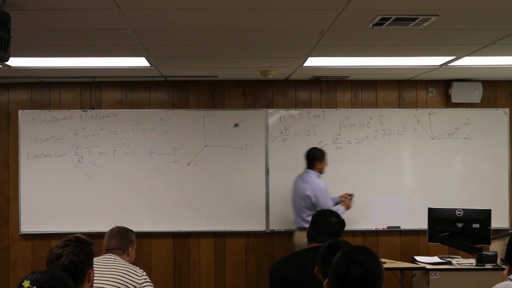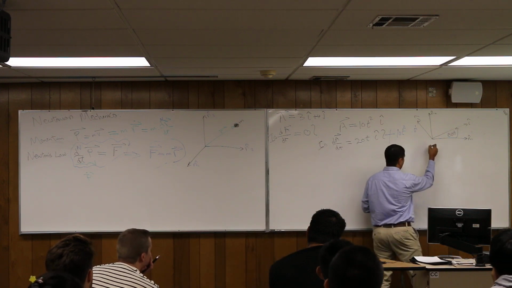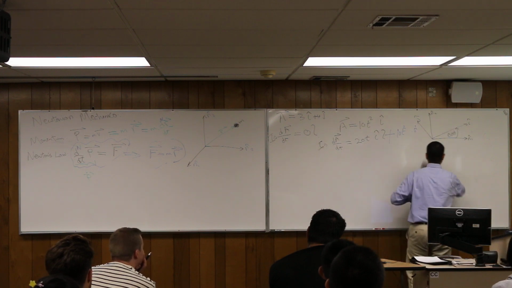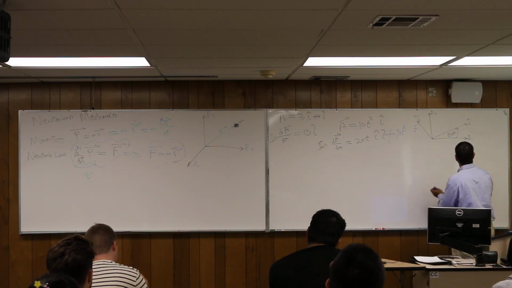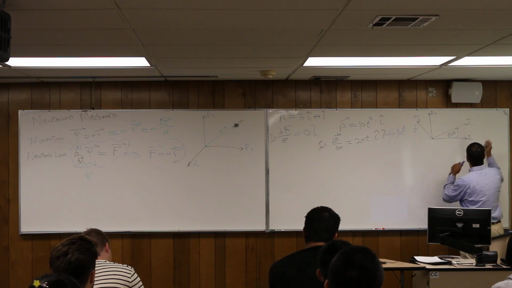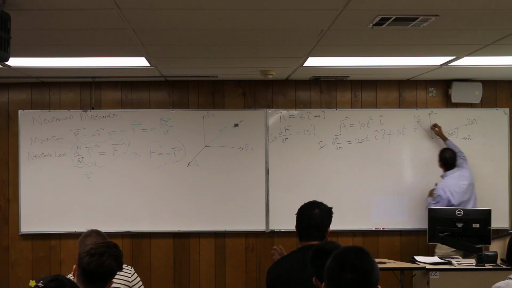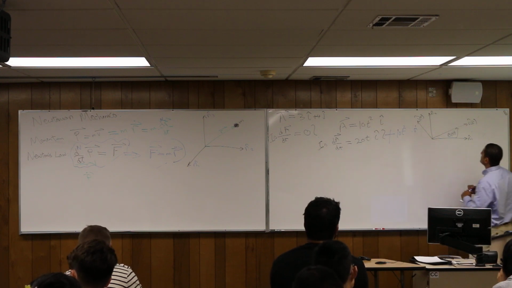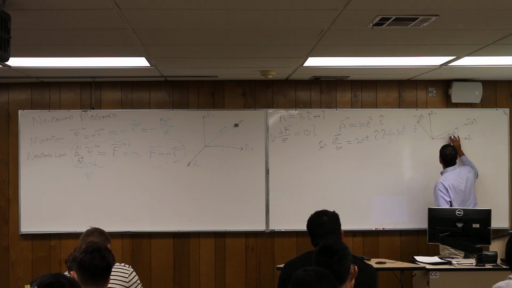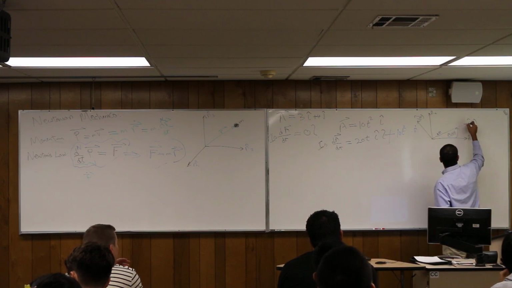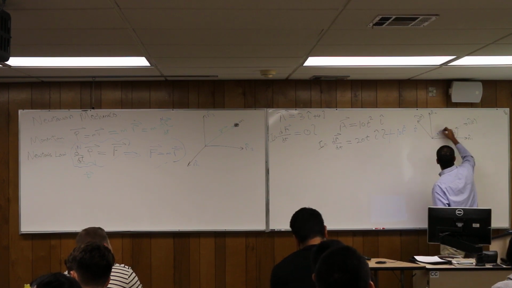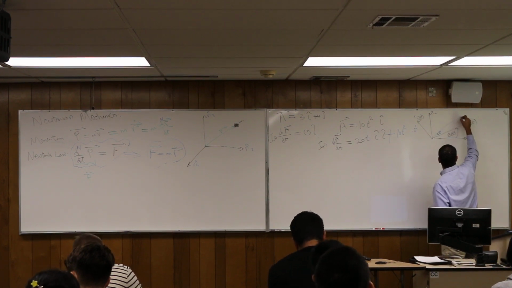So let's say we have here i of t and j of t. In an infinitesimal time, this theta adds delta theta. So this guy rotates a little bit by delta theta. I'm just exaggerating the drawing, of course.